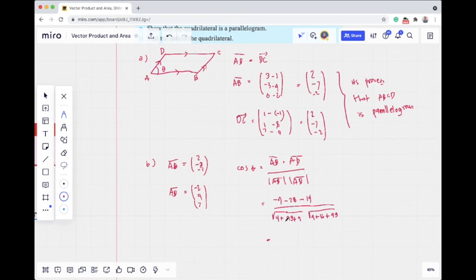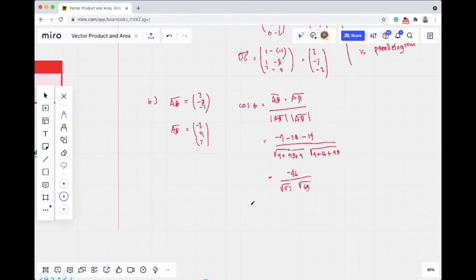Okay, the total is, you can calculate using your GDC. This is minus 46, you can check whether it is correct or not, over square root of 57 times square root of 69.